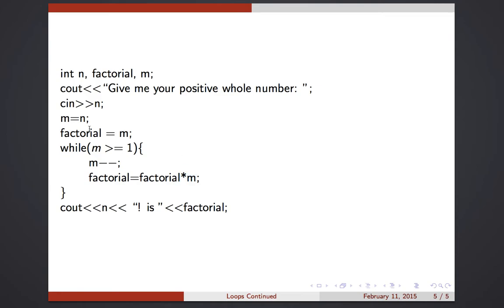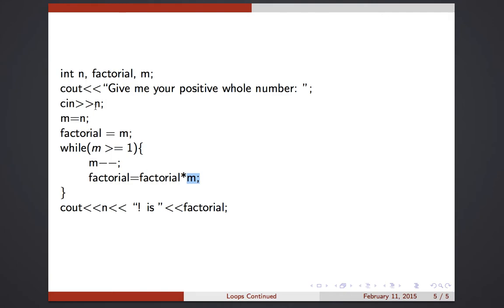Let's think of the logic of what's happening here. Originally, factorial is the number that the user entered. Factorial is m, which is also equal to n. What I'm going to do is knock m down by 1, so now m is n minus 1, and I'm going to tack that number onto factorial by multiplication.